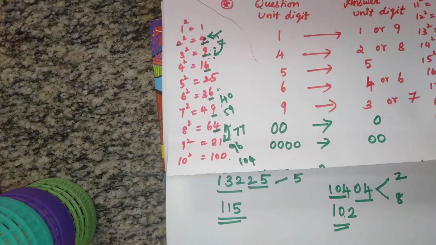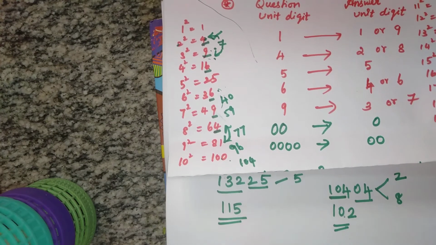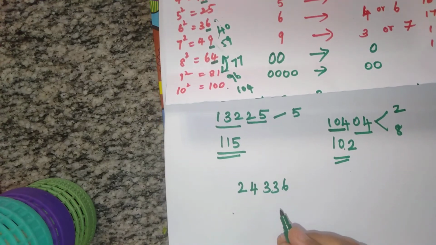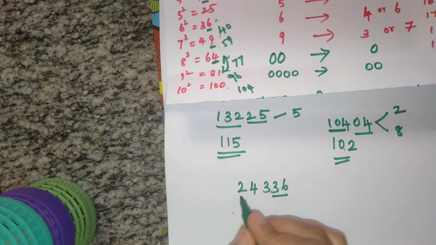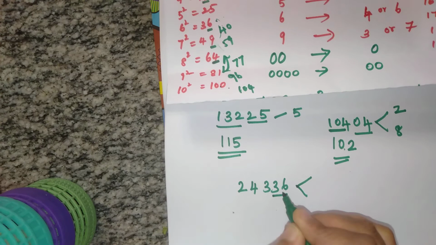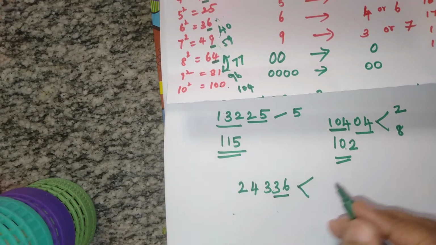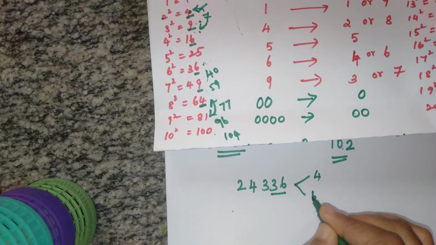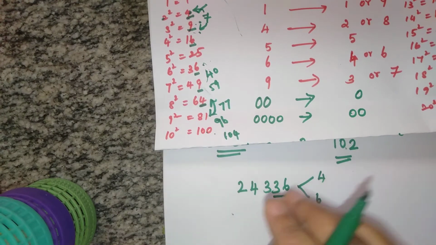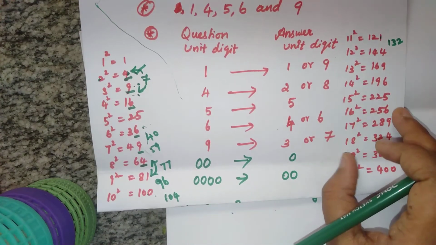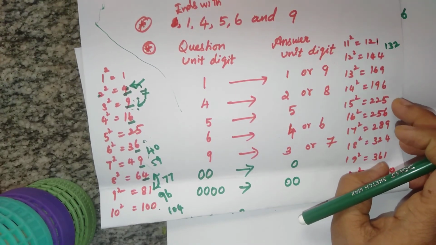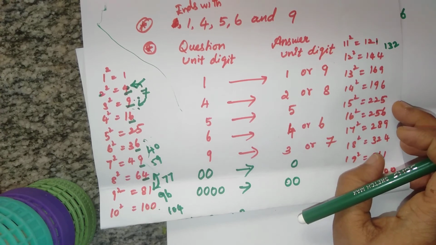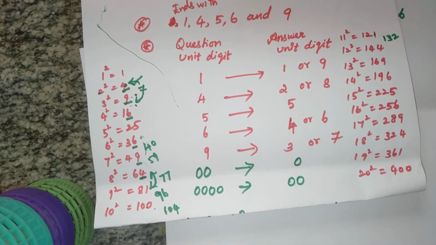Next we have to do another example, 24336. The same procedure: last 2 digits, then the remaining. Here the unit digit is 6. 6 means what are the possibilities? 4 or 6. Again 243: where is it? In between 225 and 256.